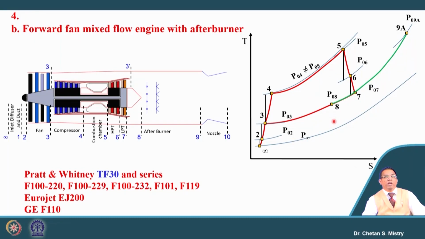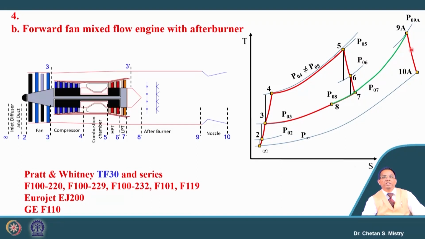So, just look at, if I am adding heat here, that will lead to an increase in temperature from T08 to T09A. That is my nozzle entry temperature, and this process we are representing as a constant pressure heat addition process. Okay. Now, this exit we are representing in terms of 9A to 10A. If I am not operating my afterburner, my expansion will be from 8 to, suppose, 9.